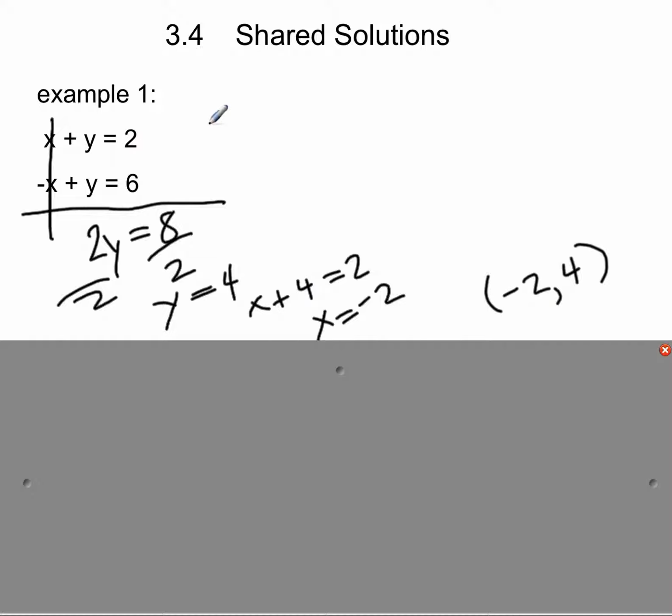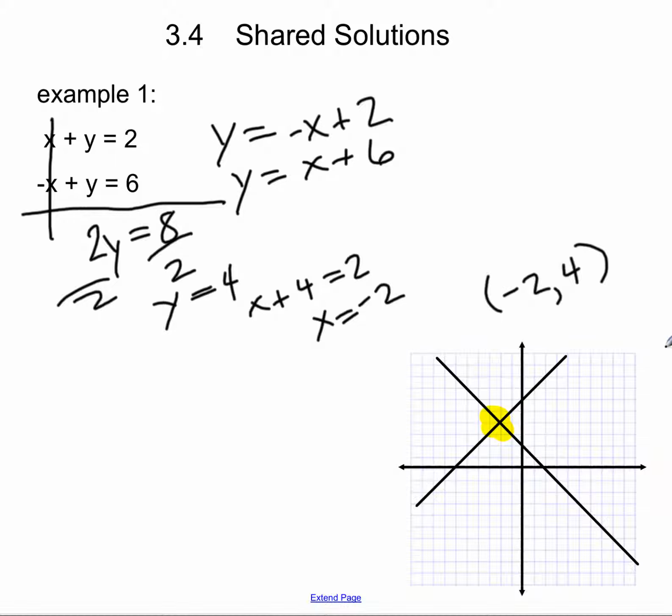If I were to show you a picture of this, if I move things around, this one would turn into y equals negative x plus 2. If I were to turn things around here into y equals mx plus b, I would get y equals x plus 6. Okay, so now I'm going to reveal the graph because I've already done it for you.